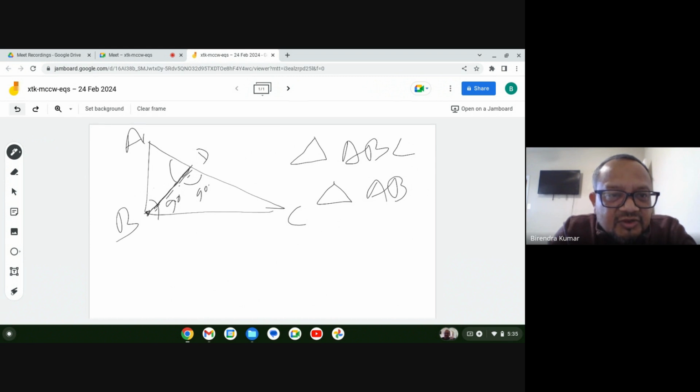So this angle and this angle are matching between these two triangles. Will the third angle match?